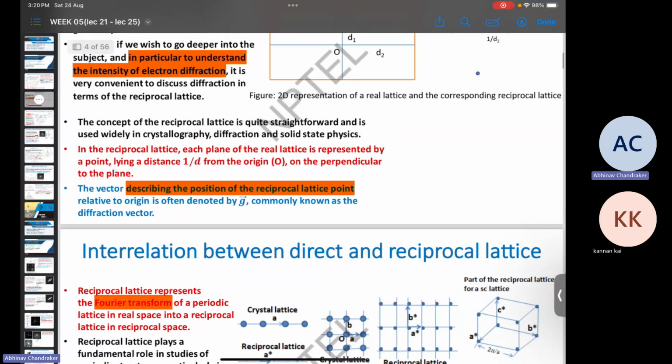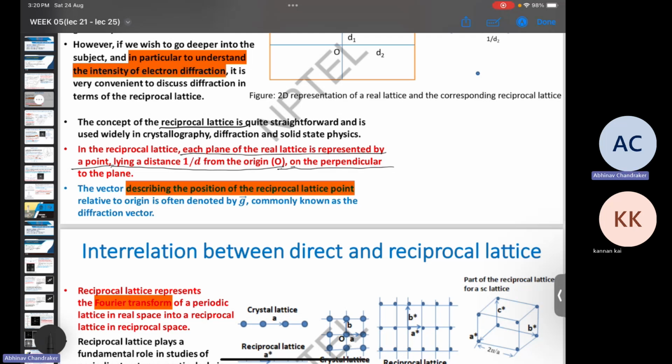So the basic concept of reciprocal lattice is that here each plane is represented by a point, and this point will lie at a distance of 1 by small d from the origin, which is where the direct beam hits the screen.